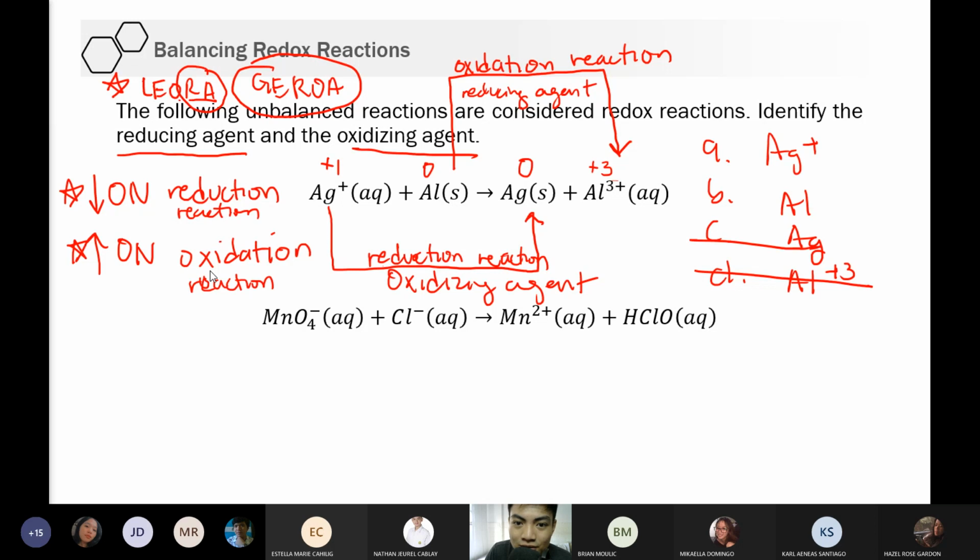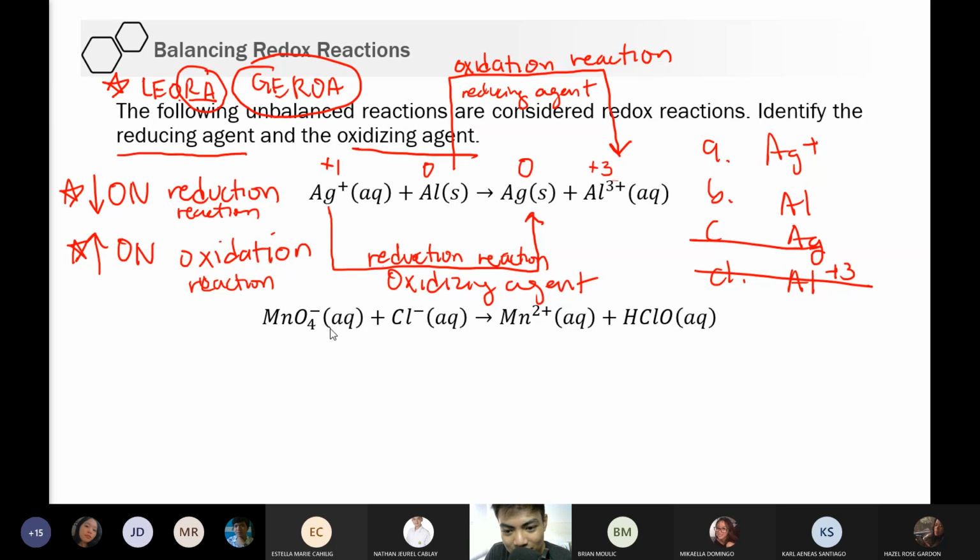Pag nag-undergo siya ng oxidation, tawag sa kanya, reducing agent. Baliktad. Okay? Kaya nga sabi ko, kabisa din yung Leora Geroa. Kasi andito no, O, oxidation, reducing agent. R, reduction, oxidizing agent. Okay. So, andyan na. Parang hindi na kayo malito. Leora Geroa lang yan. Okay?